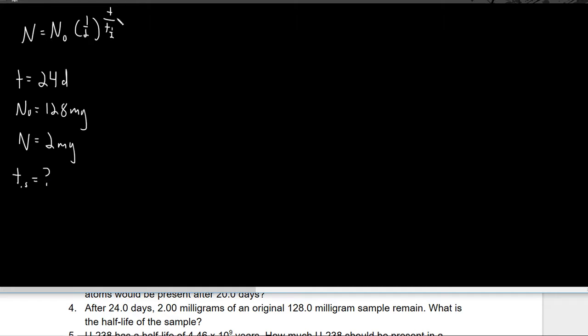All right, so I need to get this T by itself. So sorry, T half by itself, which is in the exponent. So a lot of you might be thinking, how do I do that? Well, let's start by just plugging in what we know.